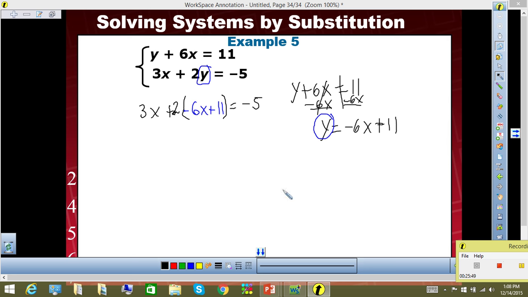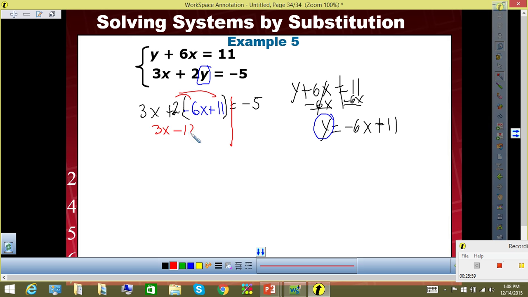All right, let's see. So the process for this one, I distribute. I get 3x minus 12x plus 22 equals negative 5. Combine like terms. This becomes negative 9x plus 22 equals negative 5. So far, so good. Minus 22, minus 22.